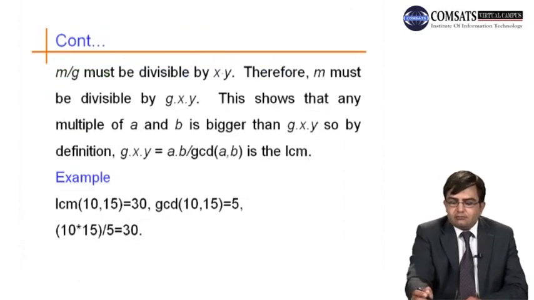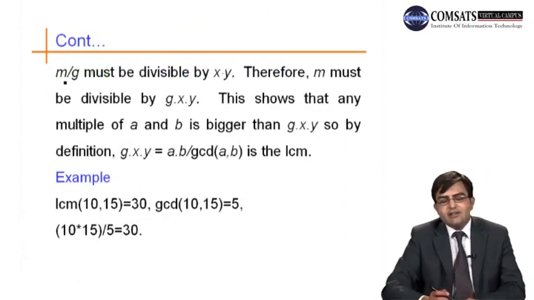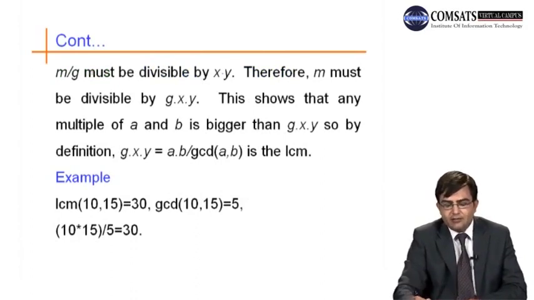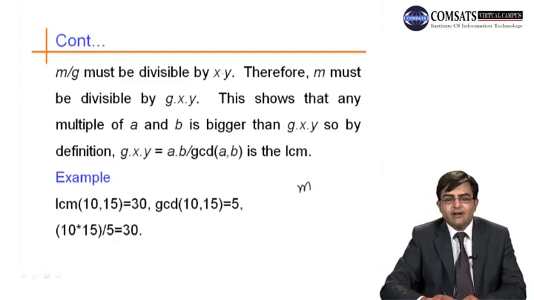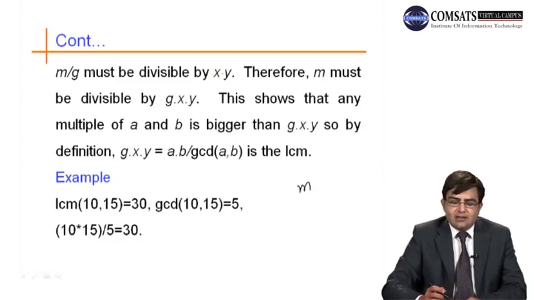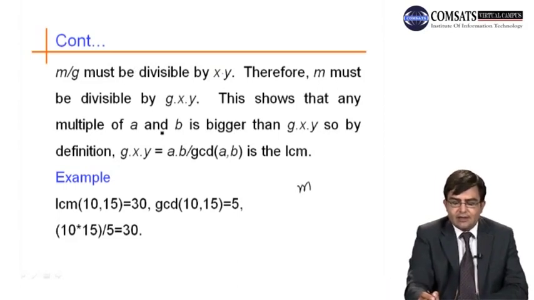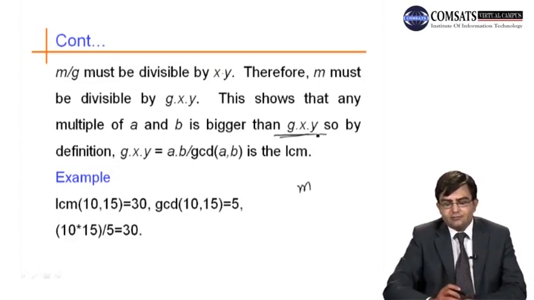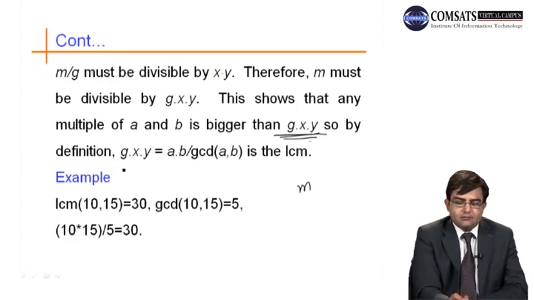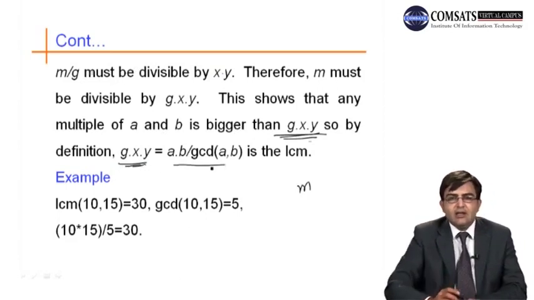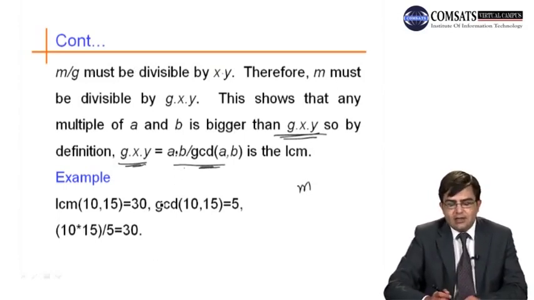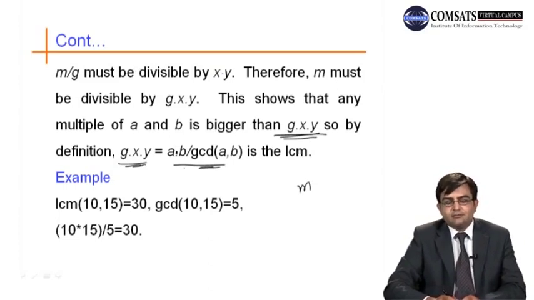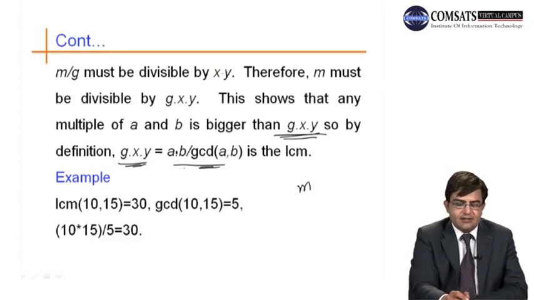Therefore, if M divided by G is divisible by XY, then we can say that G into X into Y must divide M, which shows that any common multiple of A and B is at least G into X into Y. So by definition, Gxy, which is A into B divided by GCD, is equal to the LCM.